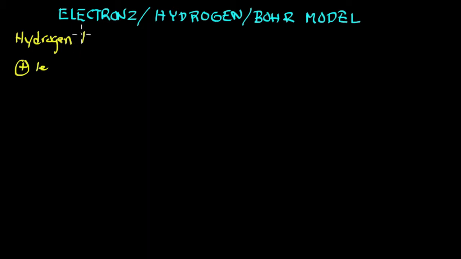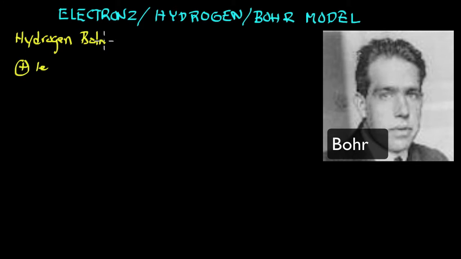Niels Bohr spent a lot of time explaining how this electron worked, because Niels Bohr knew that around this proton, if you had an electron traveling around it in a circular orbit, as it traveled, it would give off energy.